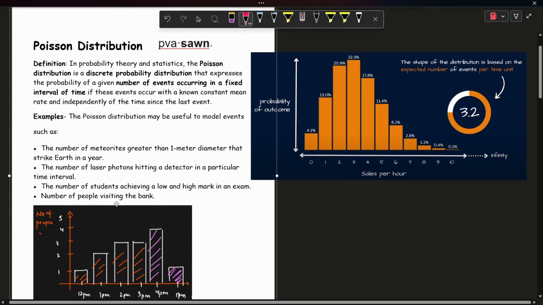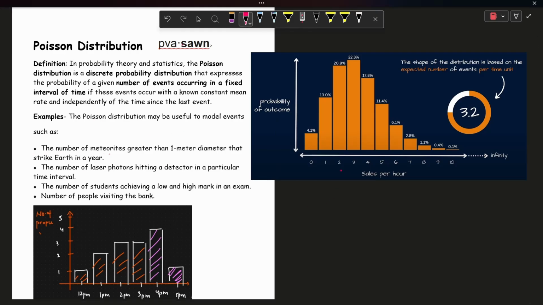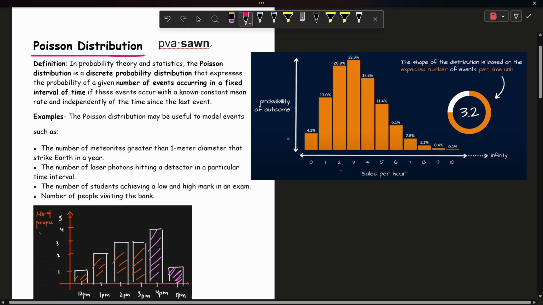We have numerous examples where this Poisson distribution can be seen. It is the number of meteorites greater than 1 meter diameter that strike Earth in a year, the number of people visiting the bank, the number of laser photons hitting a detector in a particular time interval. So this Poisson distribution is always linked with the time interval.